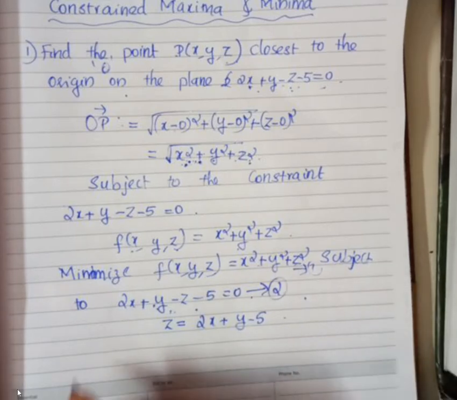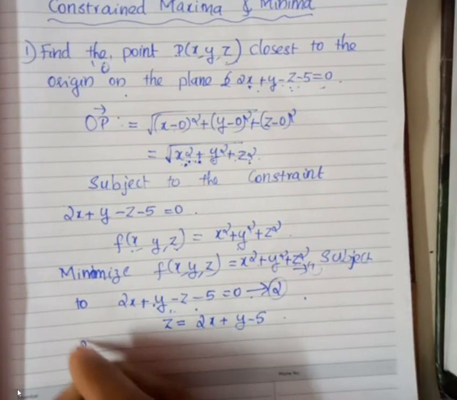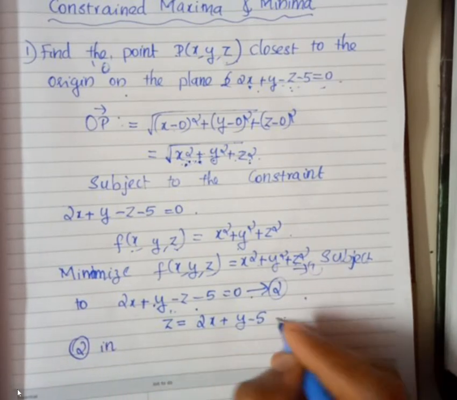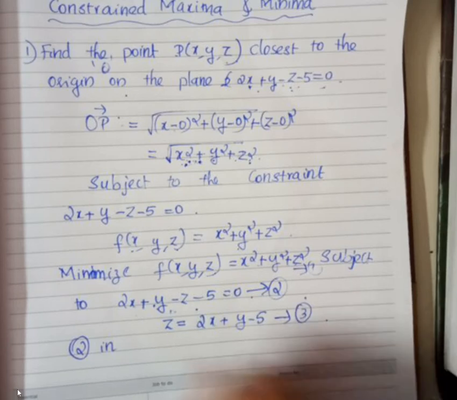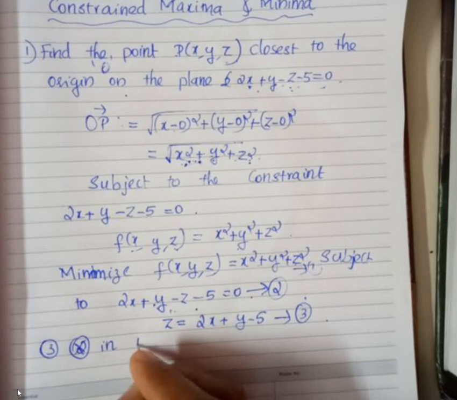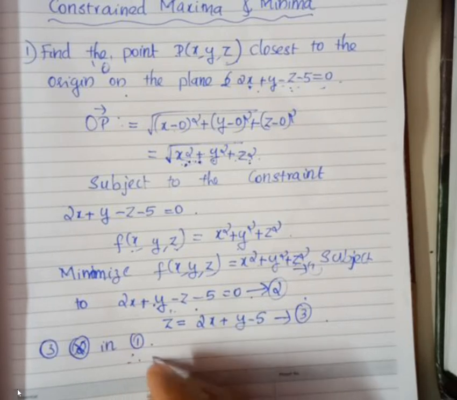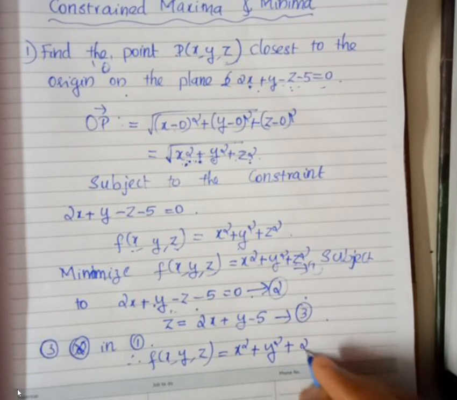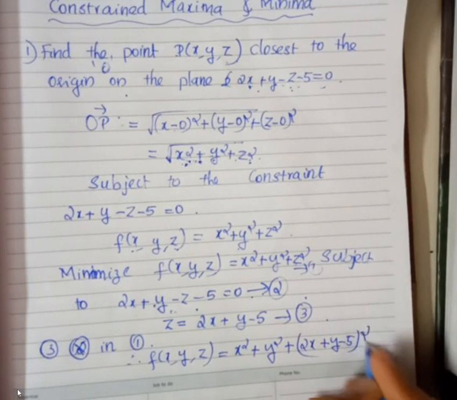So substitute 2 in 1. Therefore, f of x, y, z equal to x square plus y square plus (2x plus y minus 5) whole square.